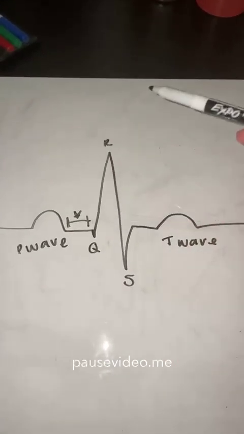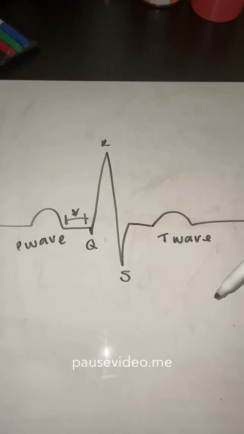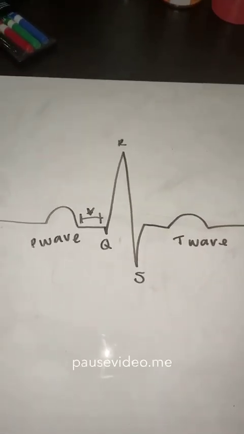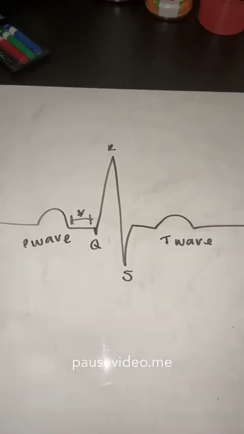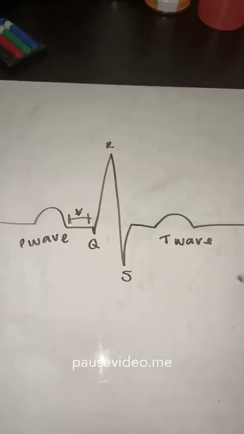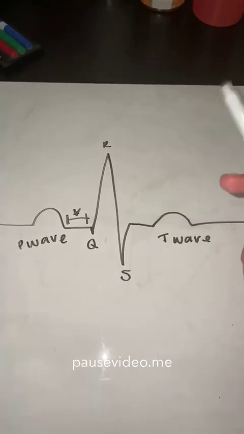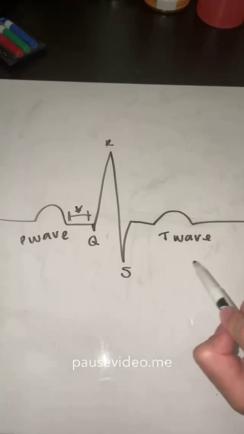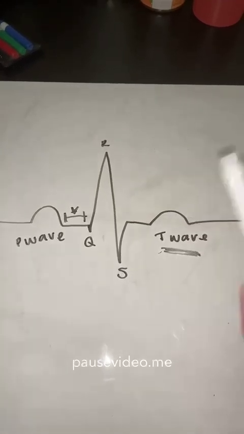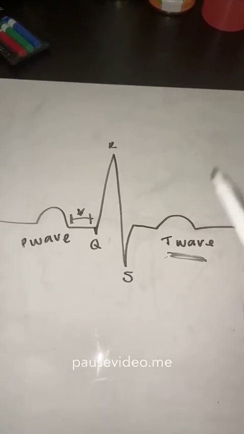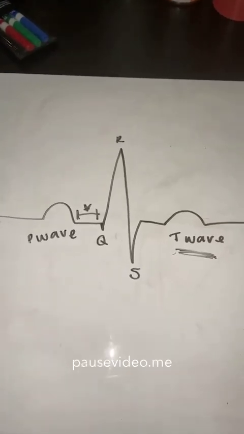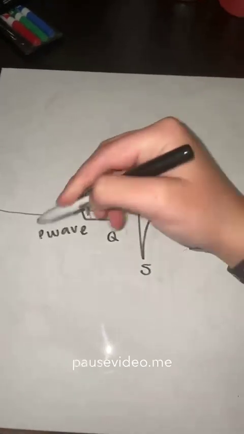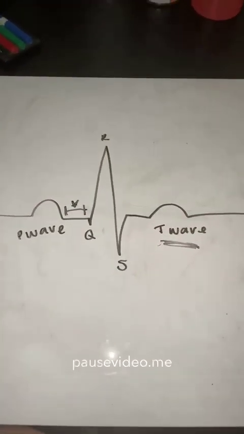Then we have the QRS complex, which we can see ventricular depolarization. When the depolarization signal is sent down the bundle of His, the bundle branches, and then up the Purkinje fibers, we can see here at the T wave the ventricular repolarization, and then we have the isoelectric line over here before it all starts again.